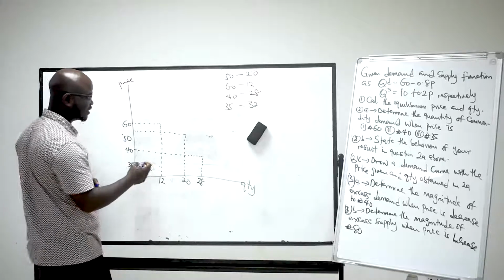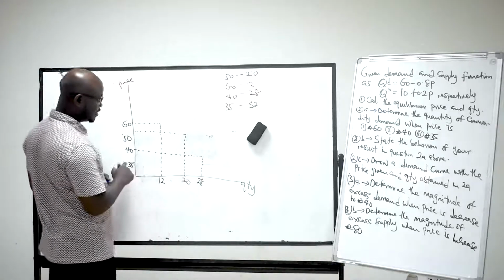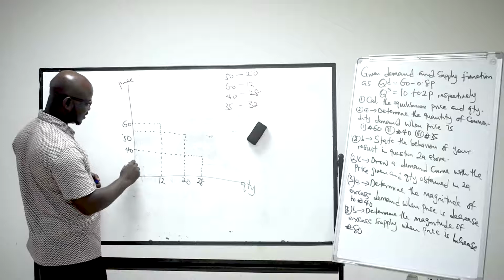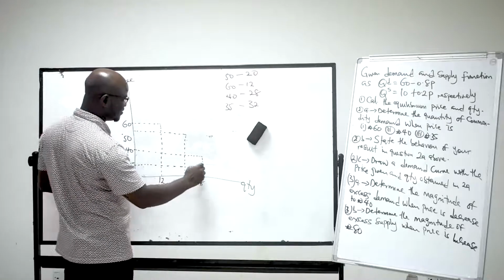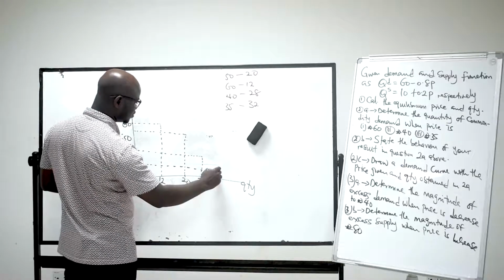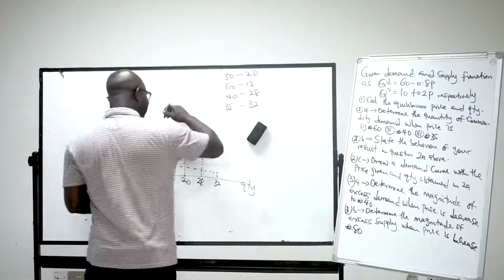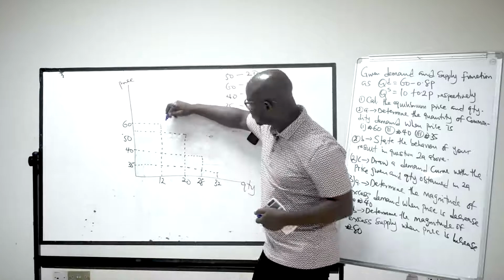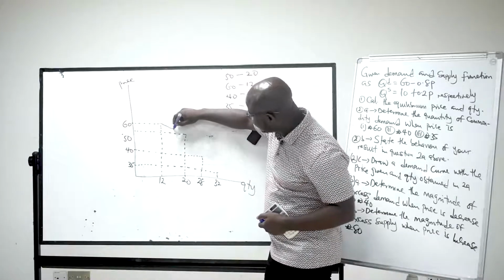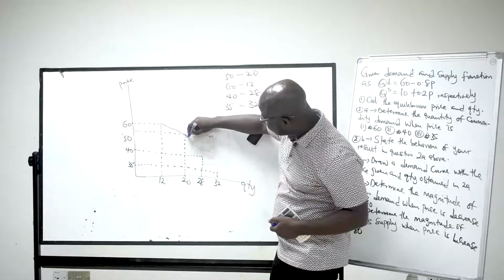Or you are using the graph, right? So when the price is 35, then the quantity demanded increased to what? Let's say like 32. It increased to 32.